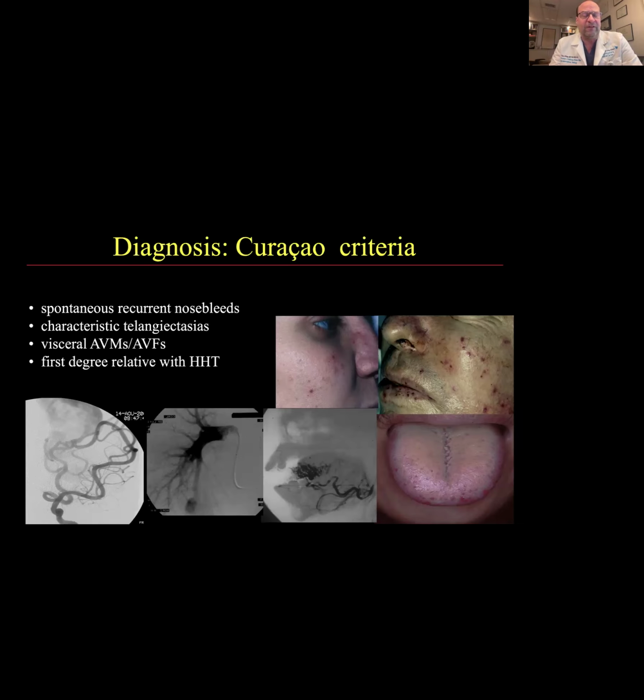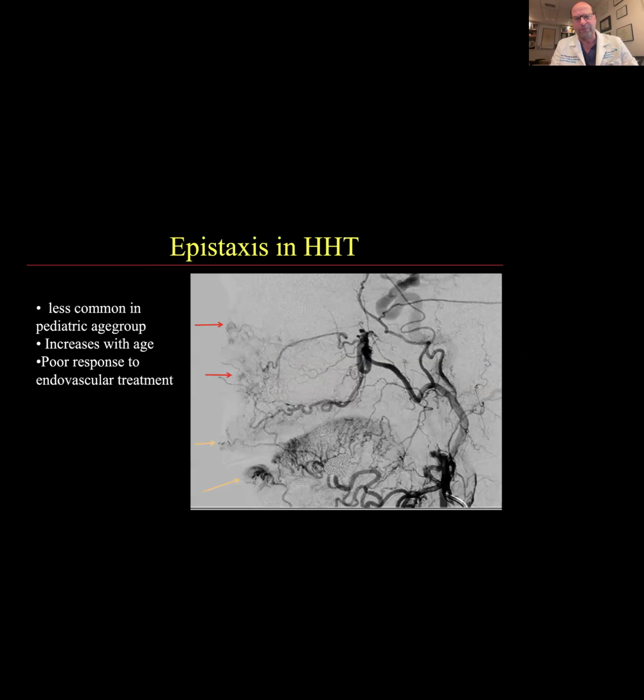The more dangerous types of vascular malformations that we'll have to know about are, of course, the visceral AVMs, including the brain AVMs, which is the main area that we will talk about, and having a first degree relative with HHT, given that it's an autosomal dominant type of disease.